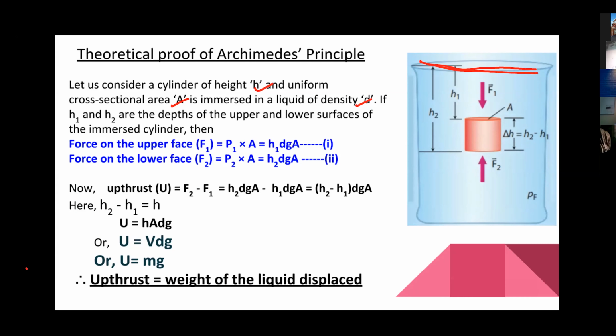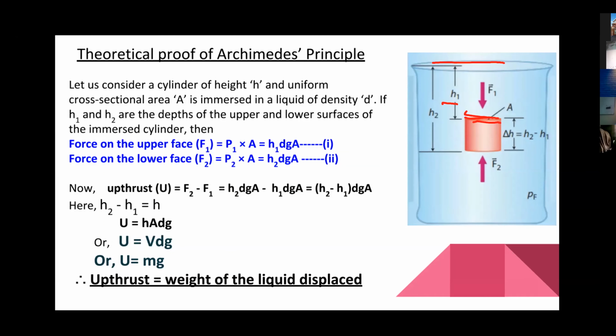And from the surface, let's consider the height from the free surface up to the upper face of the cylindrical body. This upper face height is H1. H1 is the height of the liquid column from the free surface up to the upper face of the cylindrical body.